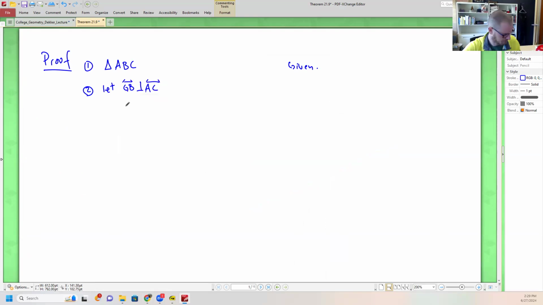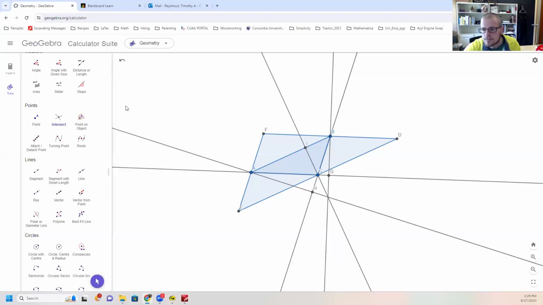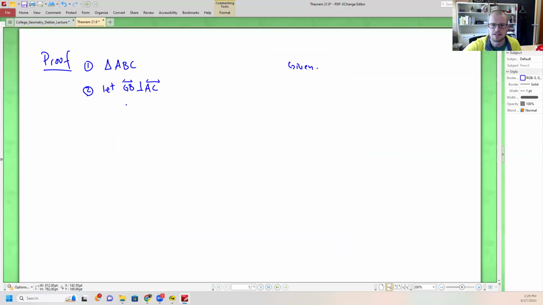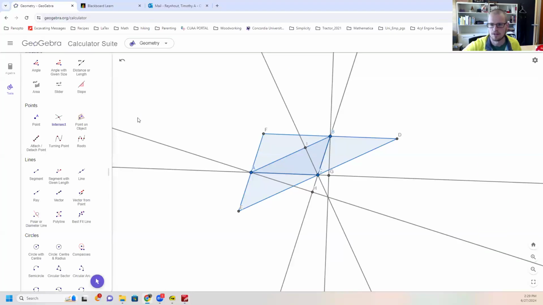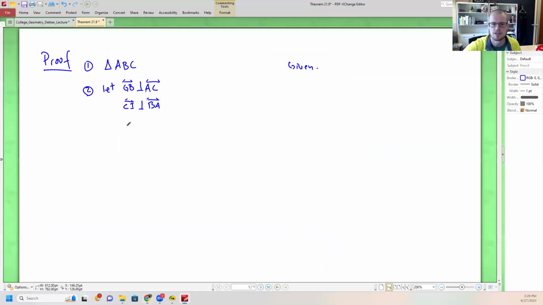And through C, let CI be perpendicular to BA, and AH perpendicular to BC. Excellent. And this is given by the perpendicular existence theorem.